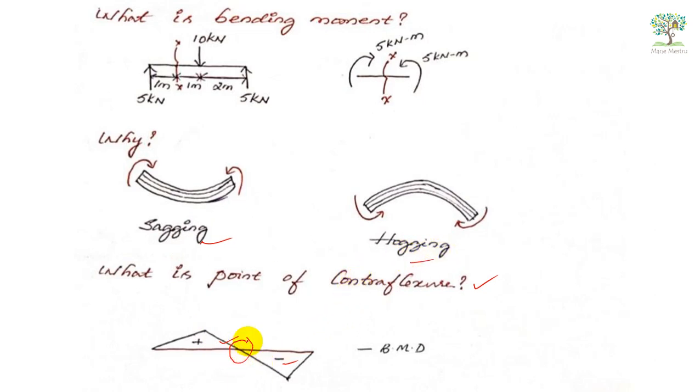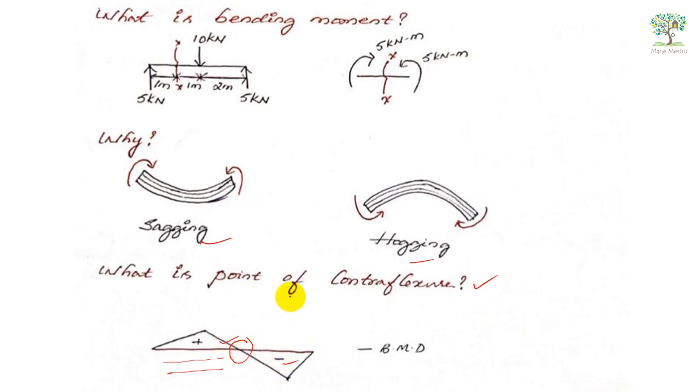That point is called a point of contraflexure. What is the significance of this? Up to here steel was given at the bottom because tension is at the bottom. When it comes to hogging, tension will be at the top. That's why this point plays a major role in representing the variation from sagging to hogging.